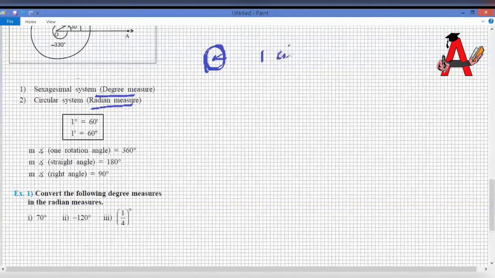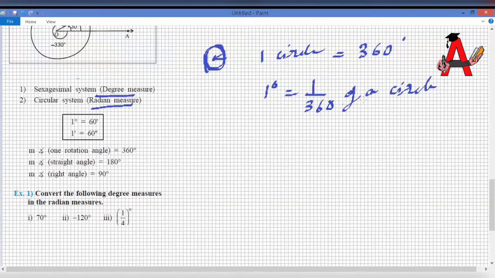The entire circle measures 360 degrees, therefore 1 degree will be equal to 1 upon 360th of a circle. Similarly, 90 degrees will be 1/4 of a circle, and so on.